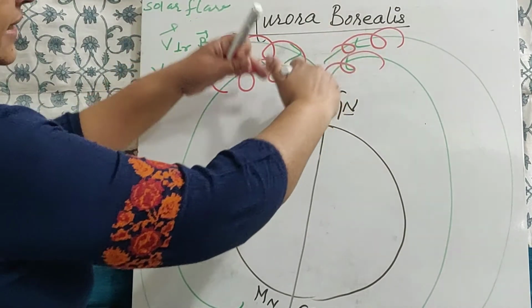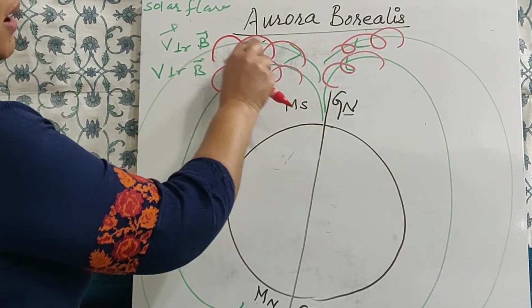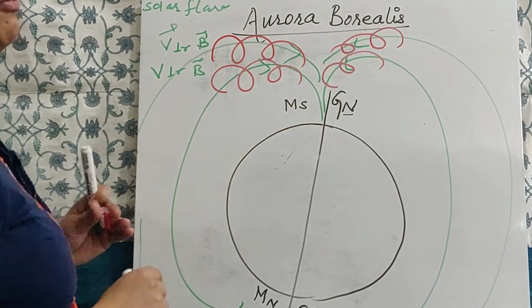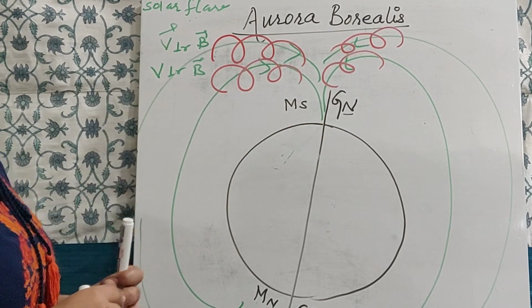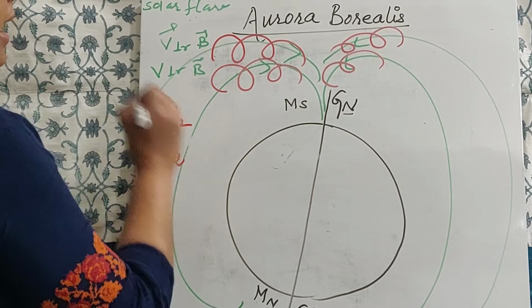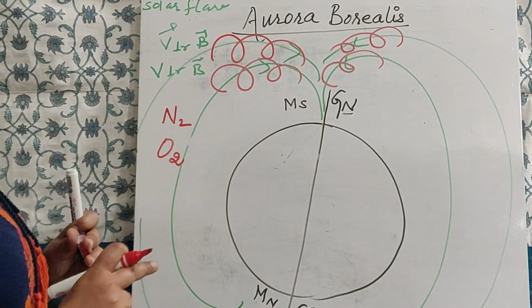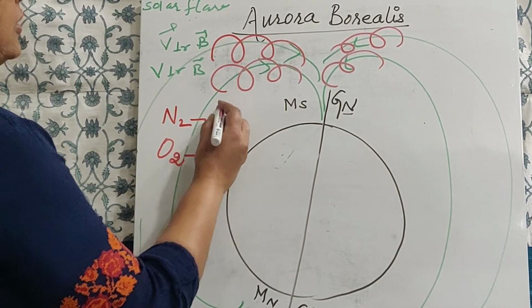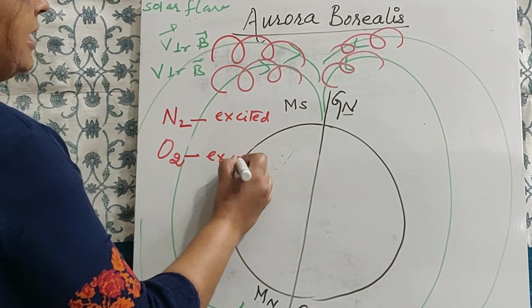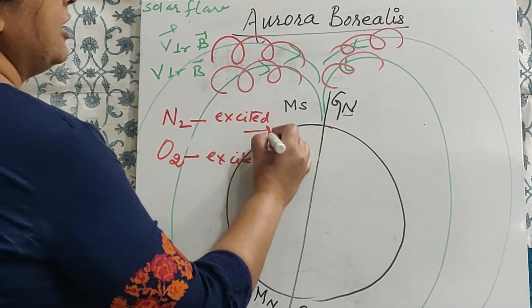And since these field lines are converging over here, these particles will come very, very close to each other and they will collide with the particles of the atmosphere, in which our major composition is the nitrogen gas and the oxygen gas. When they collide with nitrogen and oxygen gas molecules, these gaseous atoms will be excited. And upon excitation, after some time, there is a de-excitation also.